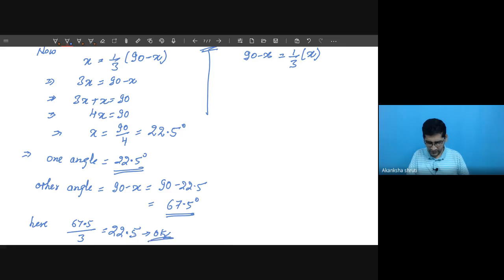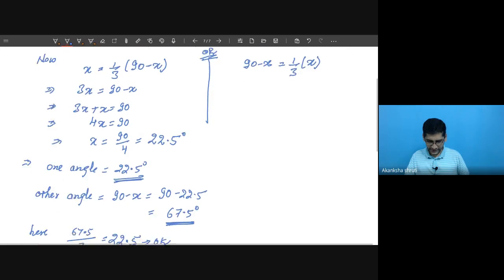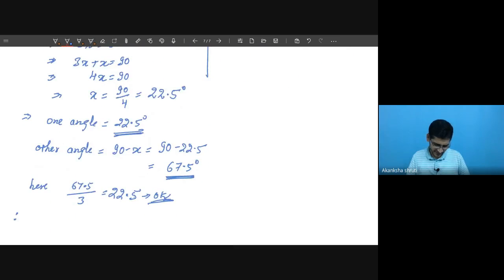Means our calculation for one angle as 22.5 and the other angle as 67.5 is okay. So this way you have to calculate the two angles. Therefore, the two complementary angles are 22.5 degrees and 67.5 degrees.